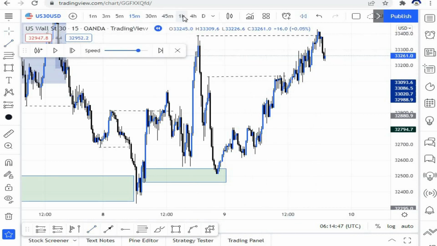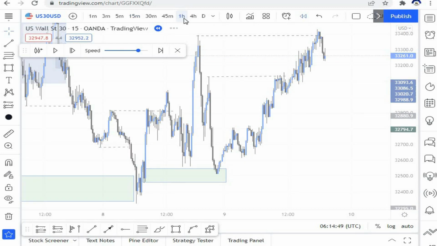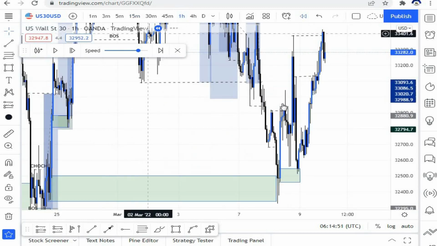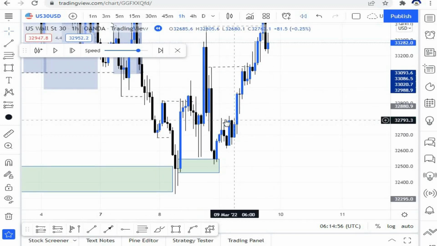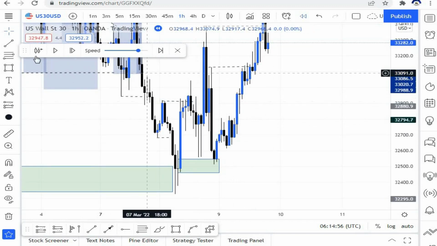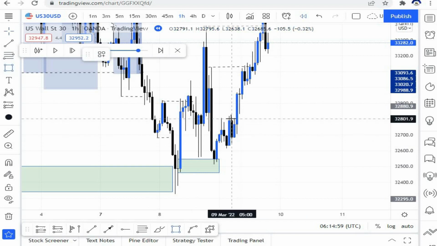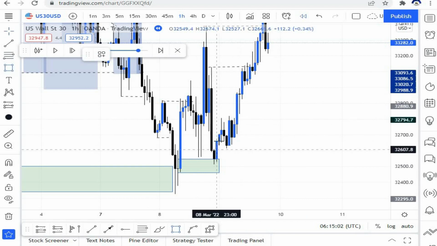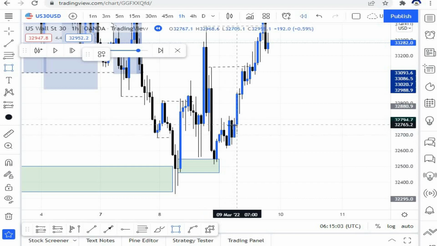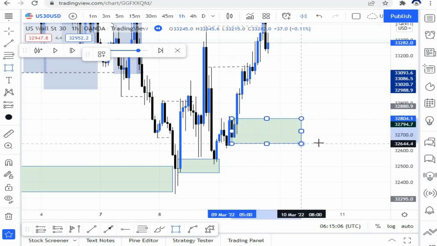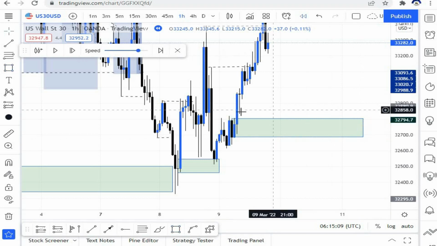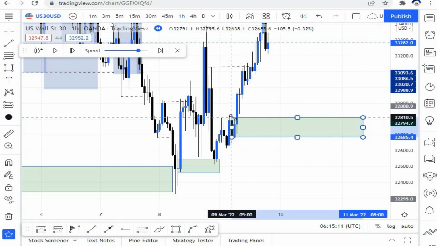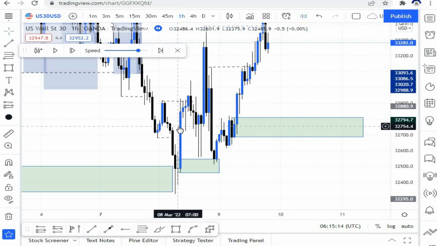Even if you go to H1 time frame now, as you can see, in H1 time frame, this was the first OB right there. So me, I'll be focusing on this. As you can see, it was the first rally, base rally, meaning this is a clean major base area. That's where my bias will be at, looking for longs.